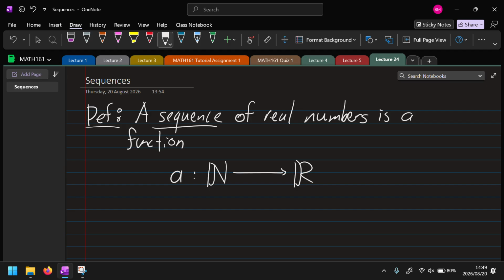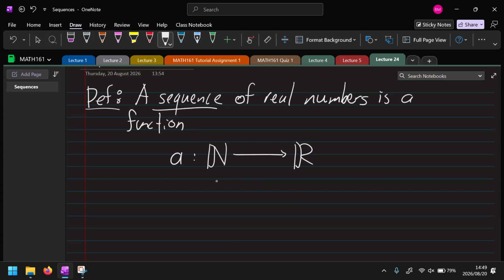Now you get different types of sequences. So you get sequences of functions, sequences of real numbers, sequences of integers, and so on. We will be dealing with real number sequences only. Where we take a natural number n and map it to some real number, which we call a sub n.